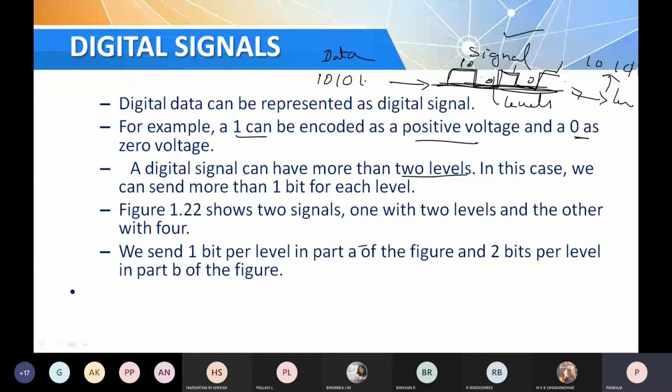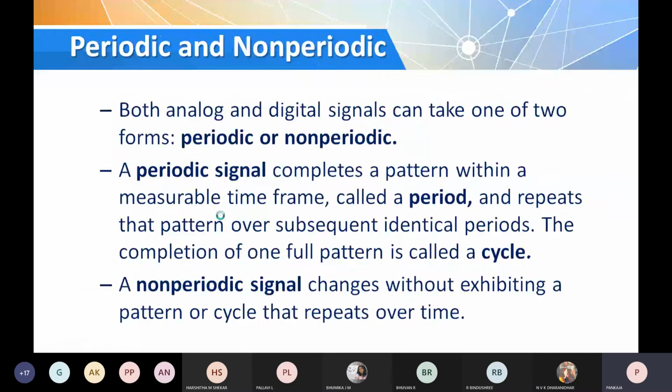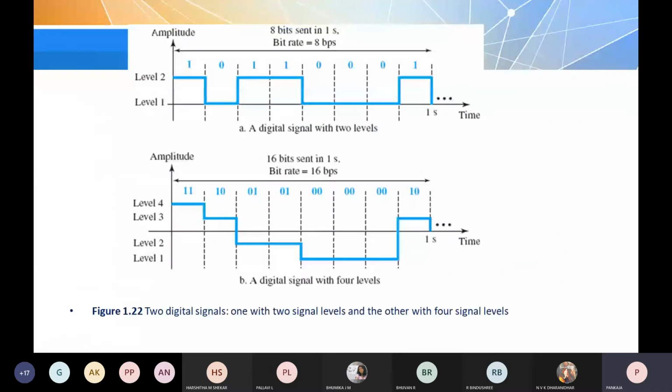Now we'll take an example of how we can represent more than one bit and how it requires more than two levels to represent the data. Here we have two figures. The first case has two levels. Let me go to the diagram. Just focus on this diagram.